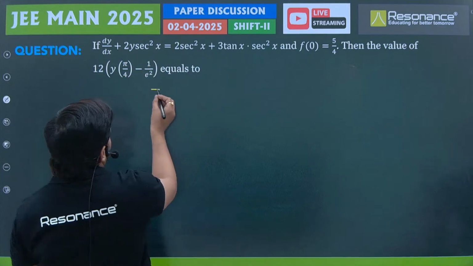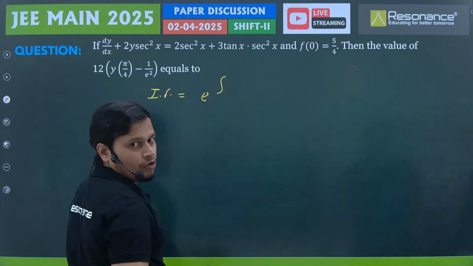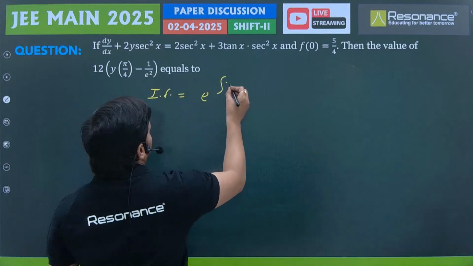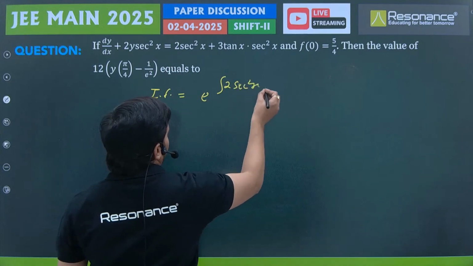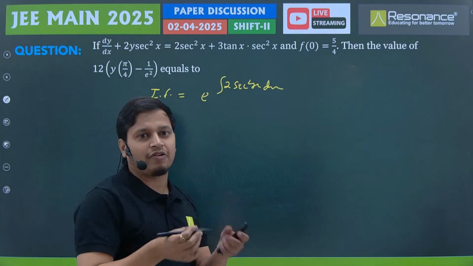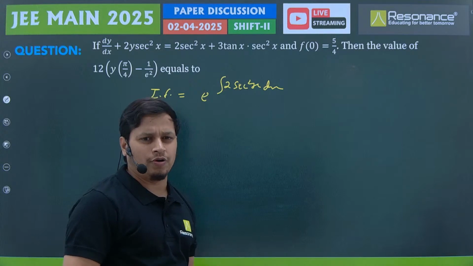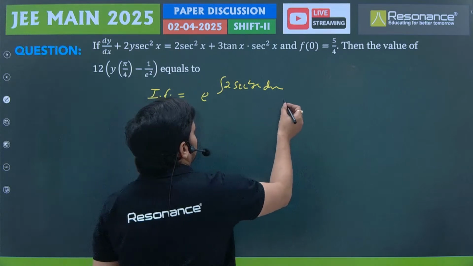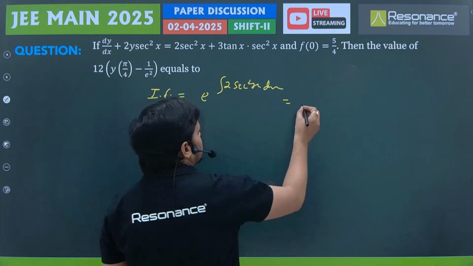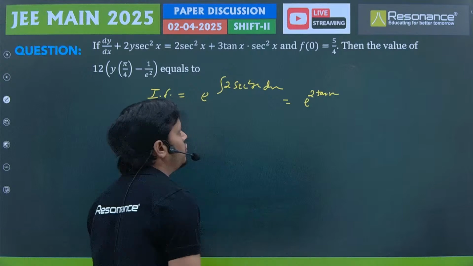So first we write the integrating factor, e power integration of p, the coefficient of y, that is equal to 2 sec square x dx. And see, they are writing it directly in the required form for you. It means this is also an easy problem, in easy and standard form, and it will not take time. So integration of sec square x is tan x, so e power 2 tan x.